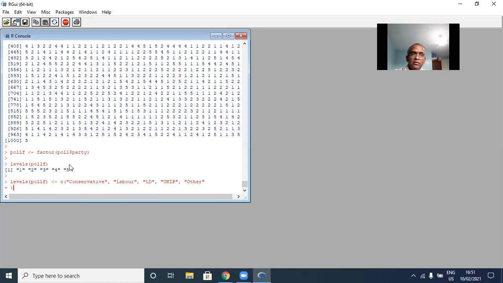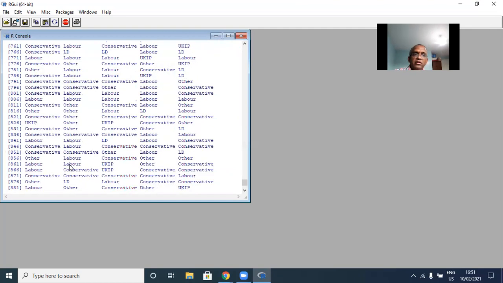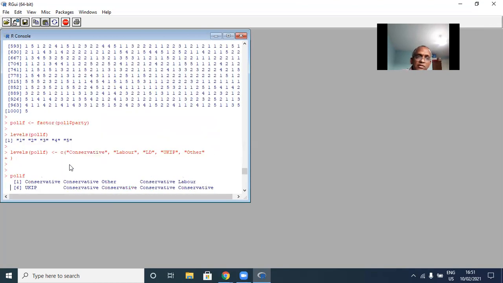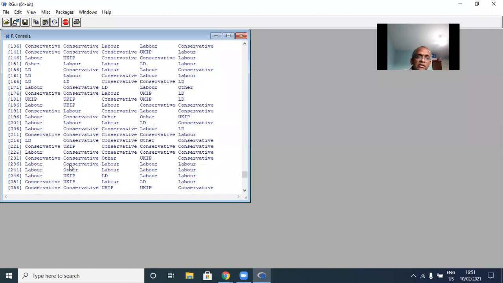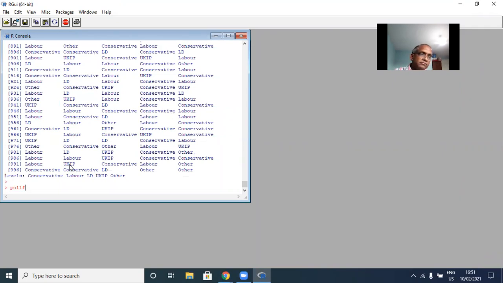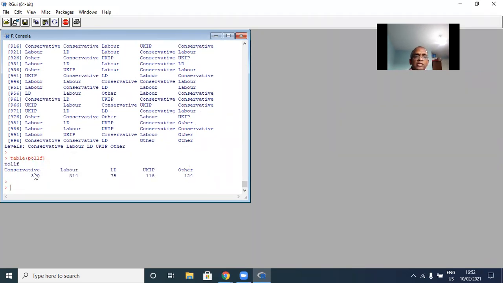All right. Now, if you go back and look at polls F, you will see that the data is now recorded in terms of the names of the parties rather than the numbers 1 to 5, right? Okay, now finally, if you use the table command, it tells you how many people voted for each party.